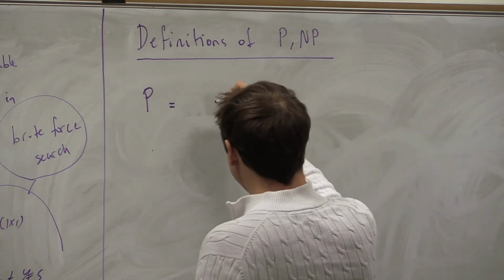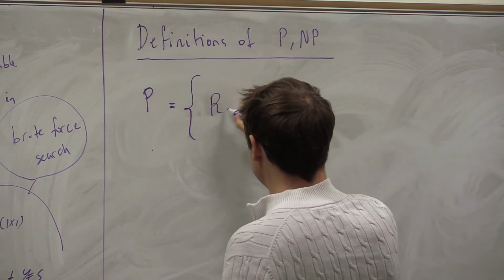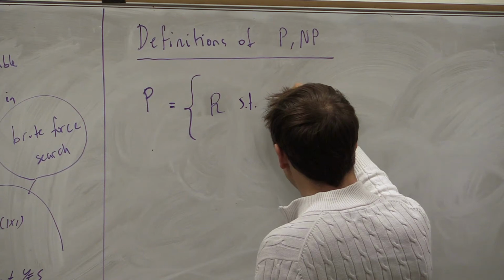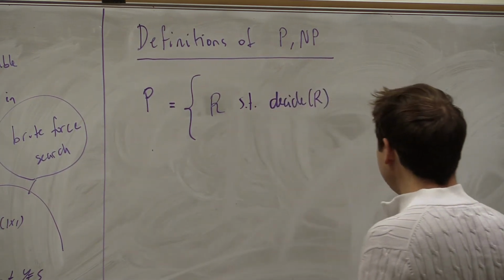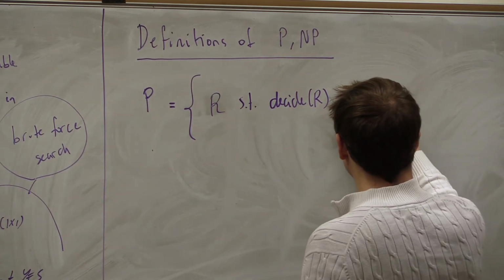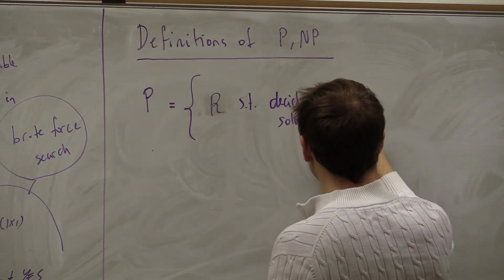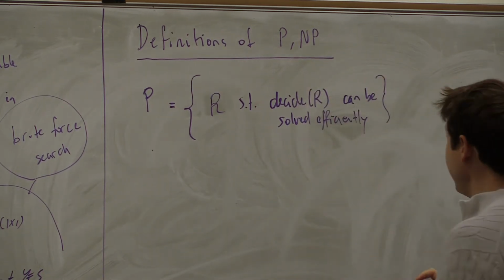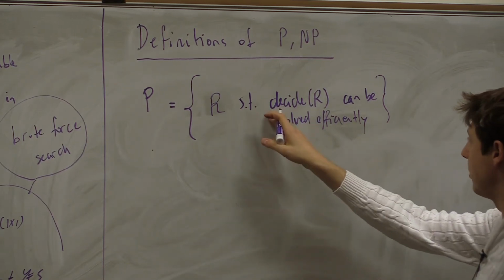So we're going to say that P consists of all relations R such that the decision problem for R can be solved efficiently. Okay, so there is a polynomial time algorithm that is able to solve the decision problem.